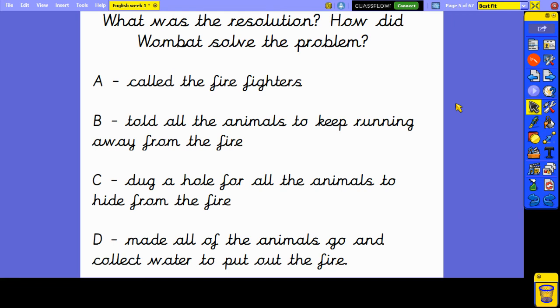C, he dug a hole for all the animals to hide from the fire? Or D, he made all the animals go and collect water to put out the fire? There were 4 options here. I would like you to use your book to help you answer the question and find which option is correct. Use your book to help you and pause the video now.